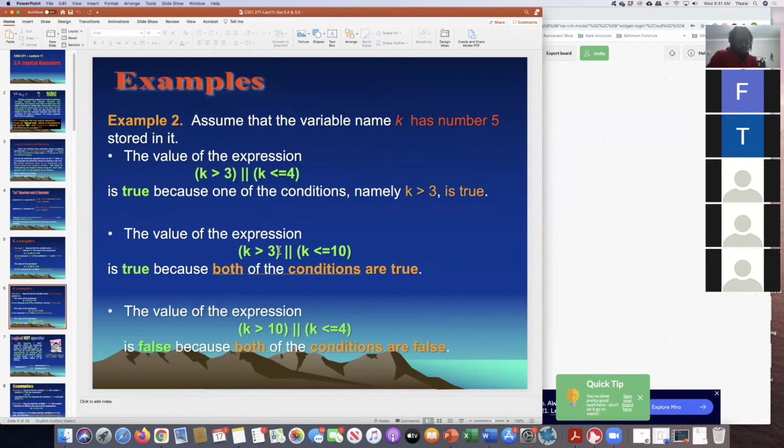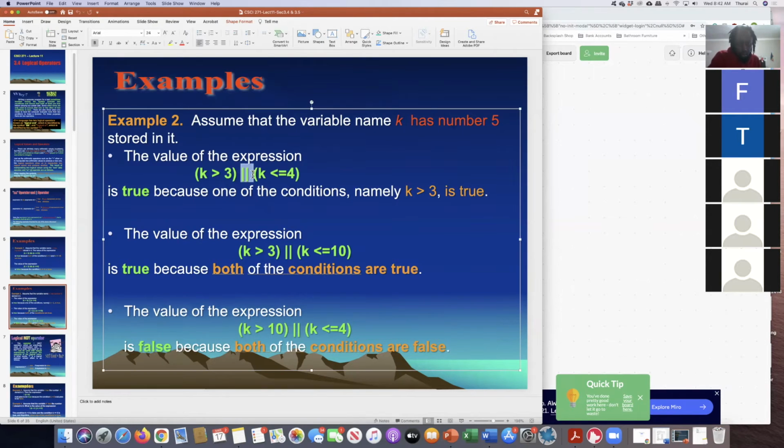Okay, looking at some more simple examples. k has a 5 in it, so k greater than 3 is true, k less than or equal to 4 is not true. That's not true, but the operator is or.